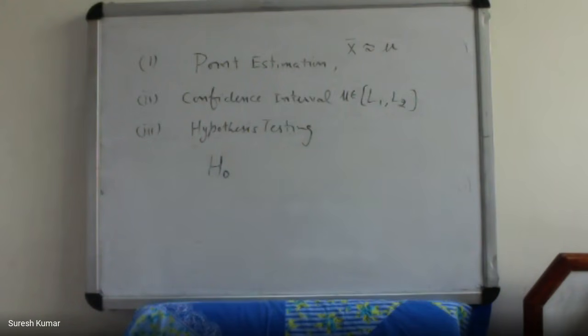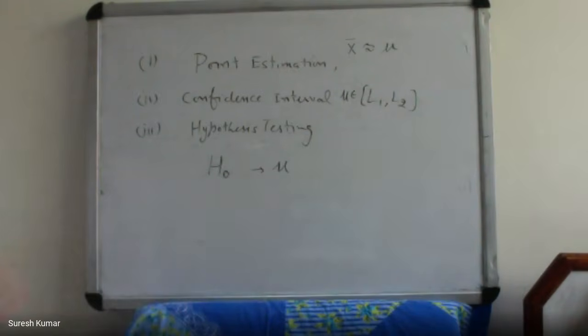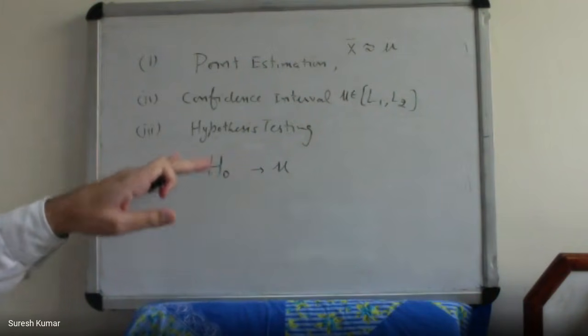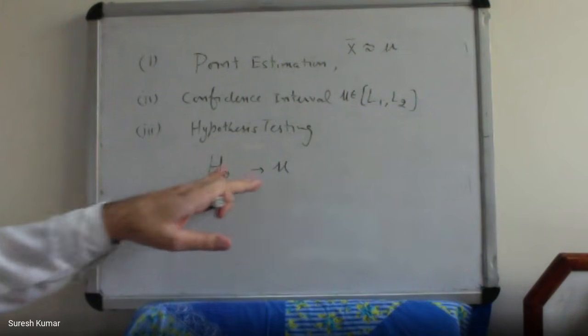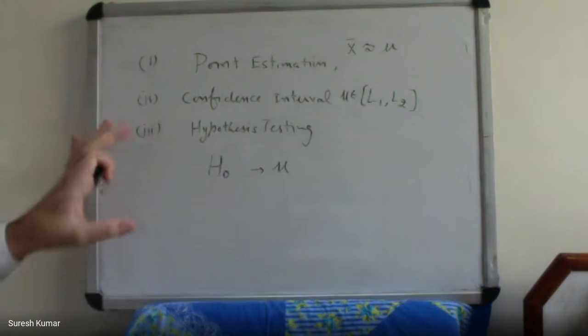So there is an existing statement about the population parameter, say mu. In hypothesis testing, we employ some statistical methods which check whether this H naught statement or the prevailing statement about the population parameter is true or not. Okay, so these are three methods that we will learn one by one in detail.